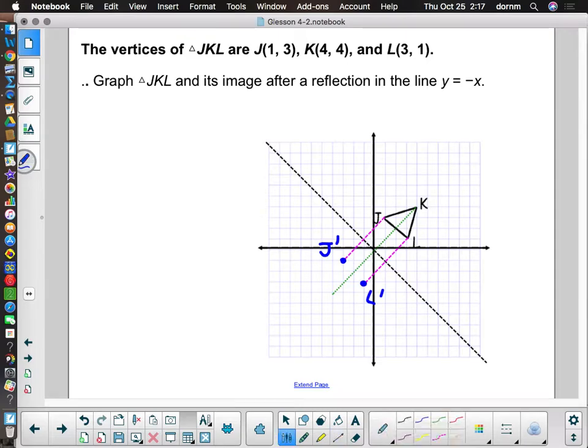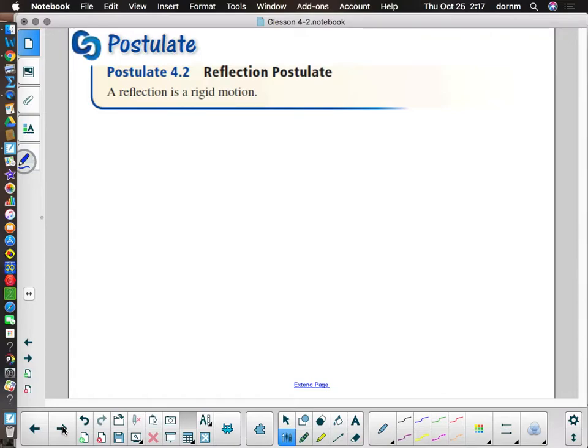And we found our K primed. And there's our reflection. From there, we could read off the coordinates. Reflection is a rigid motion. It preserves all shape. We get an exact copy of my original figure, just flipped over the line of reflection.